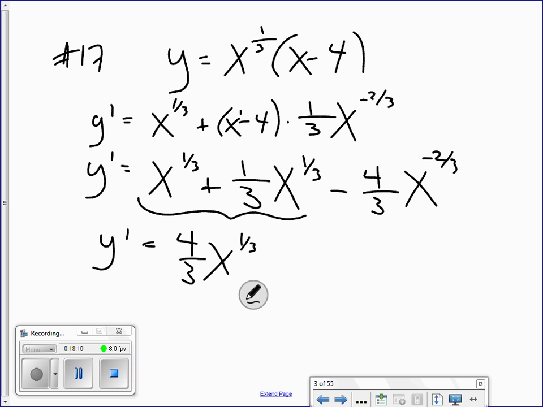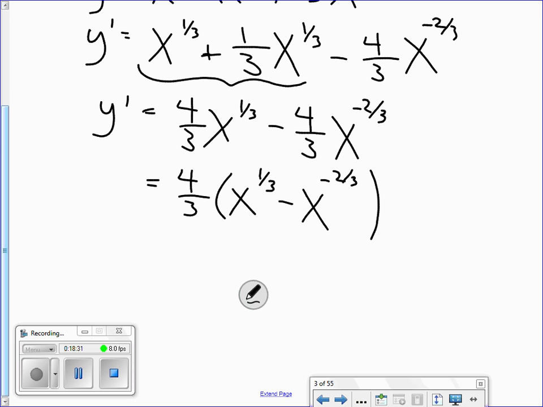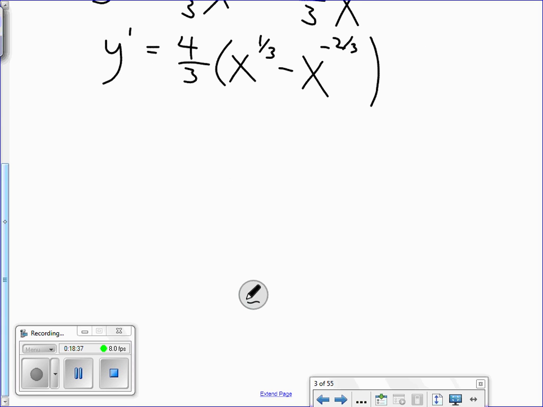So we have 4/3 x to the 1/3 minus 4/3 x to the negative 2/3. I'm thinking about factoring out that 4/3. Why not, right? So we have 4/3 times x to the 1/3 minus x to the negative 2/3. Okay, so this is our first derivative. If you like thirds, it's the best.